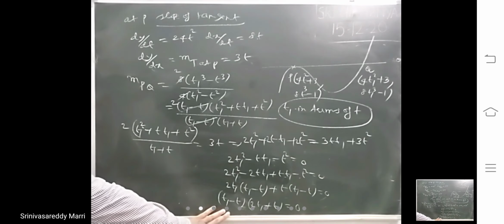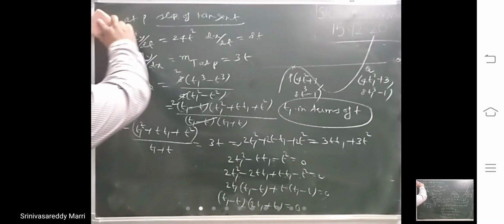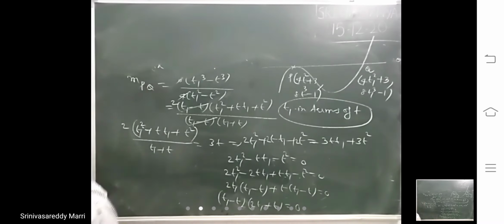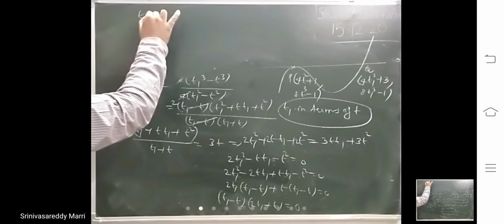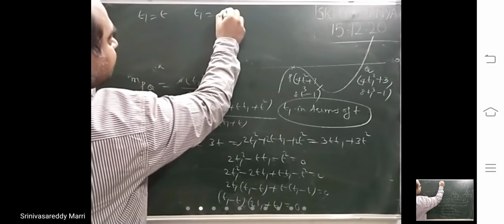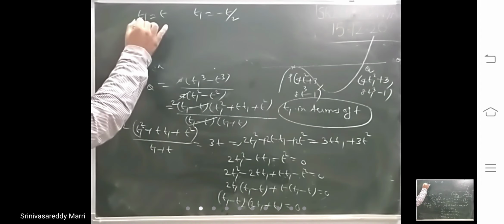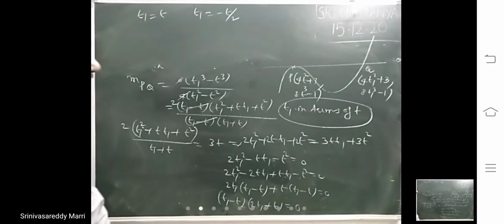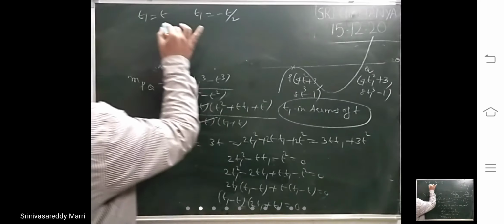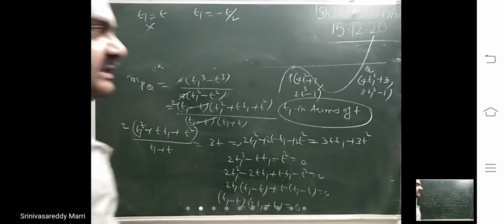So now you are getting t1 value. t1 value is t, or otherwise t1 value is nothing but minus t by 2. t1 equal to t means P only you will get. Don't take equal value. If t1 equal to t, then P coincides with Q.